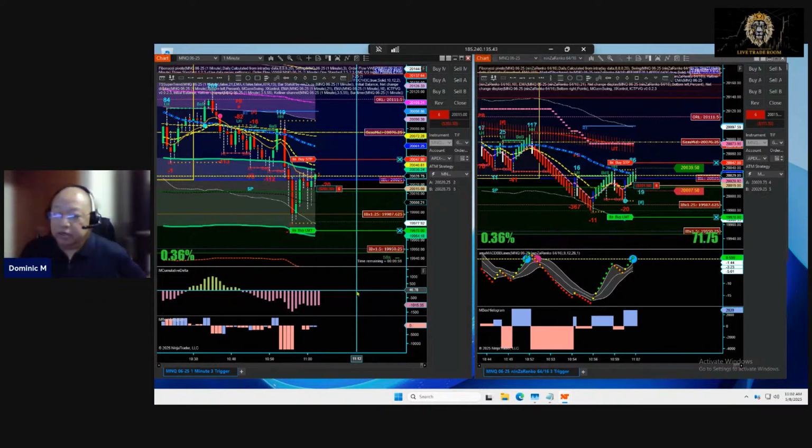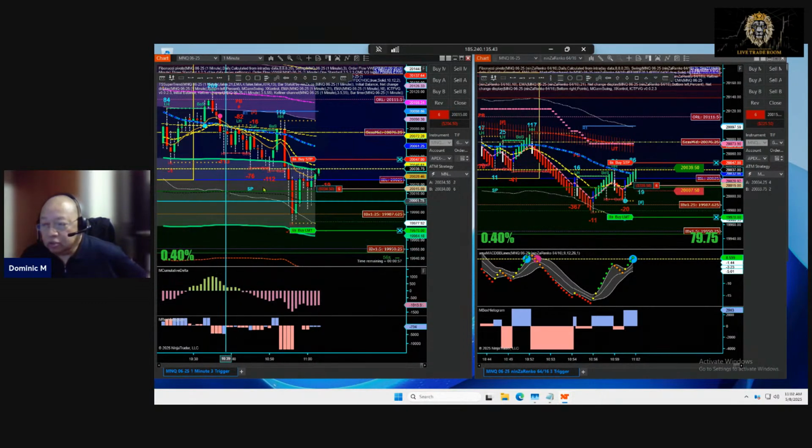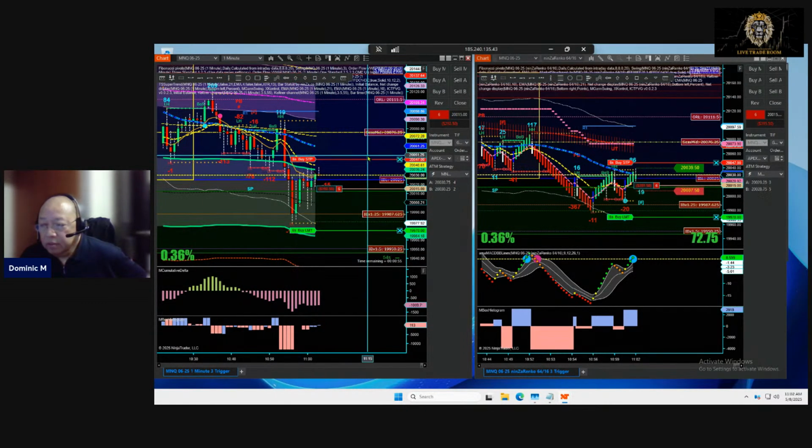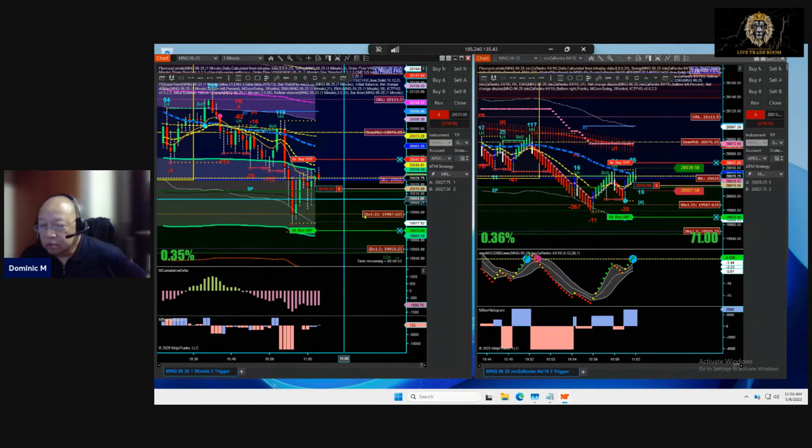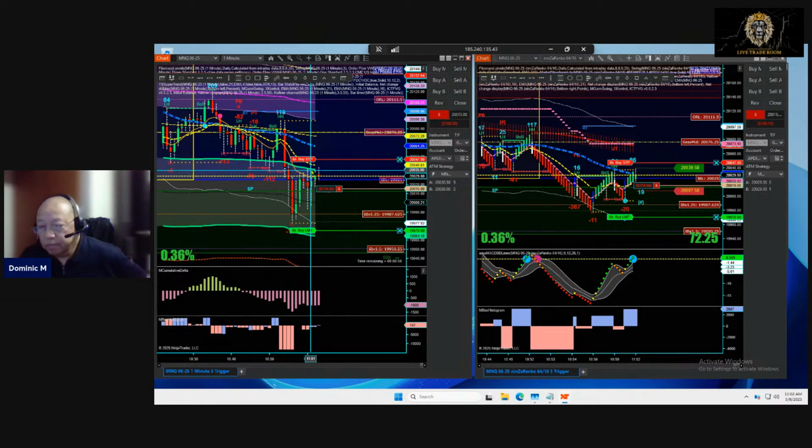Oh, finishing higher. Let's see again. I want to see it close above that deviation. Well, let's see. This is the plus one or minus one deviation.